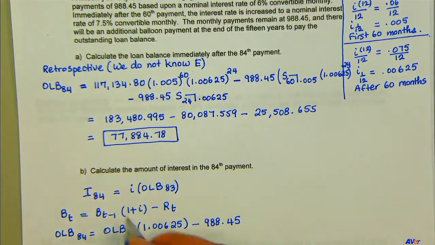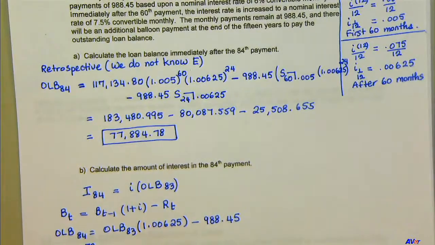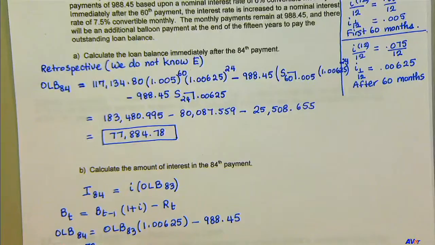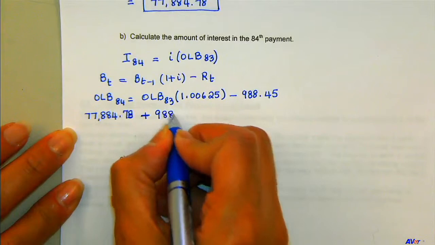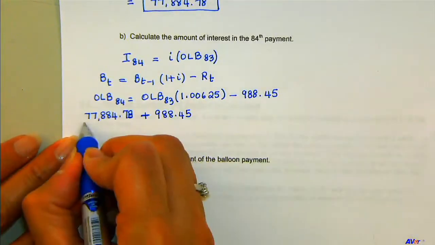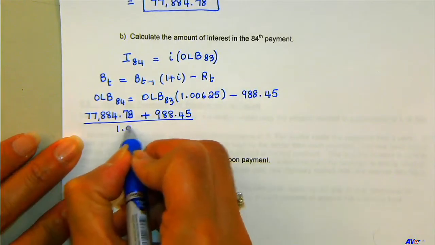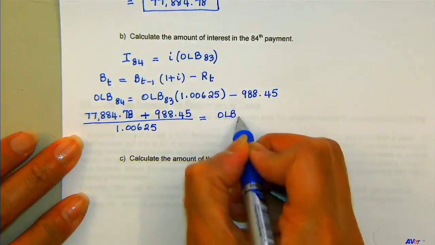So when I clean this up, for OLB 83, that's what I'm looking for. I will take my OLB 84, which is 77,884.78, plus 988.45. Let's bring this term over to the left side, divided by 1.00625. And that will give me OLB 83.